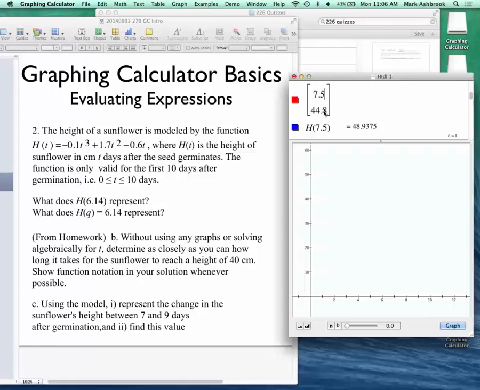I really do know what I'm talking about. Just picked a bad example. 7.5 and what? What comes up here? 48.9375.